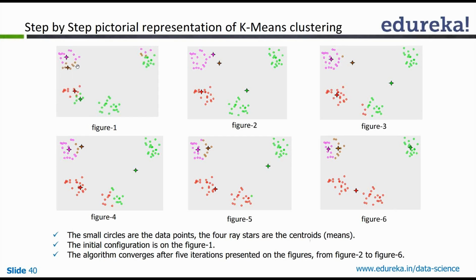Similarly for these data points, the brown one was the closest, so I gave brown color, and similarly pink. So this is the end of our first iteration.